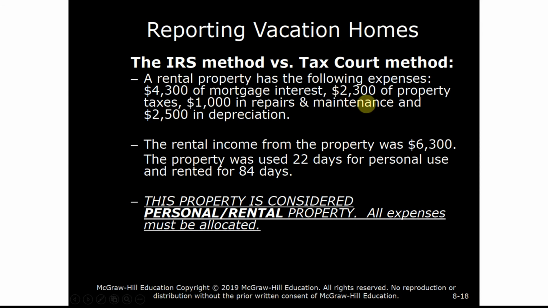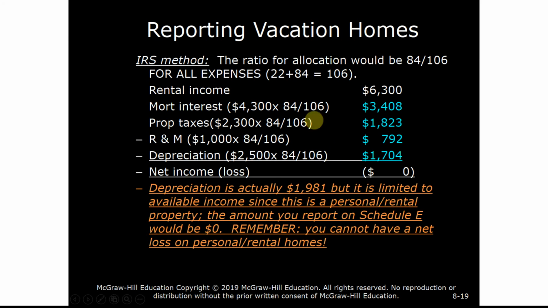So I'm not going to go through another example. I don't think this is in your PowerPoint slides, but again, it's just a way of allocating these shared costs between personal and rental using both the IRS method and the tax court method, which I just demonstrated. And so if you want to run through another example, these are listed in the PowerPoints. IRS method, pretty straightforward.